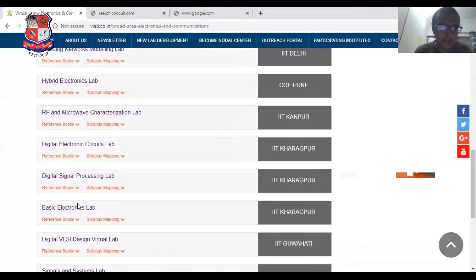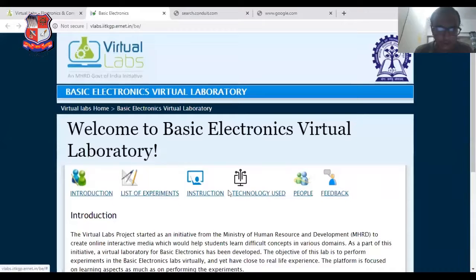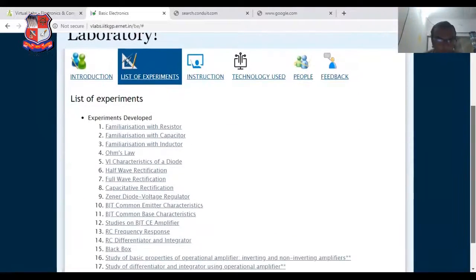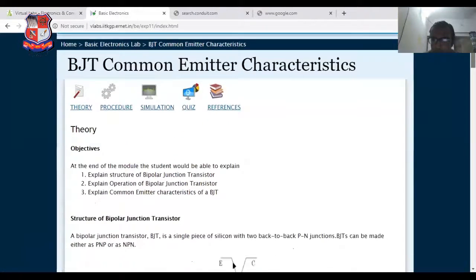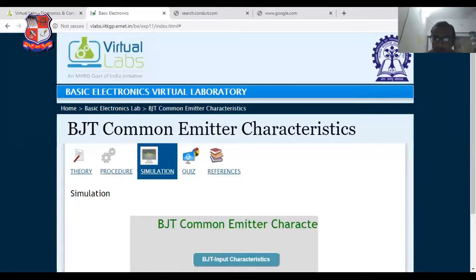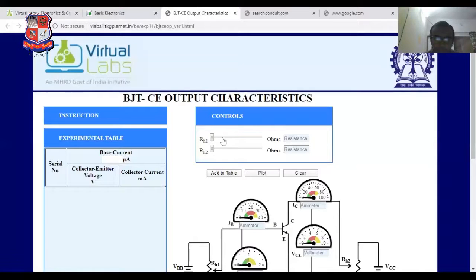See this, the basic electronics lab. List of experiments: common emitter characteristics, simulation, output characteristics.